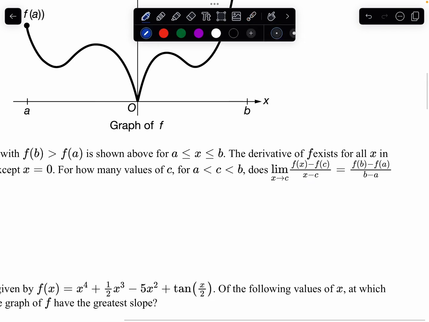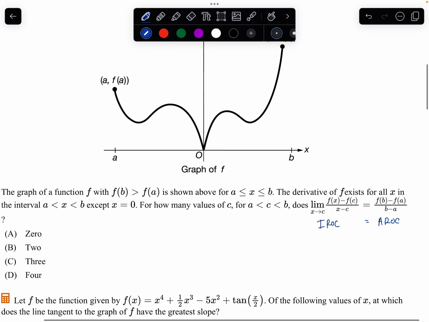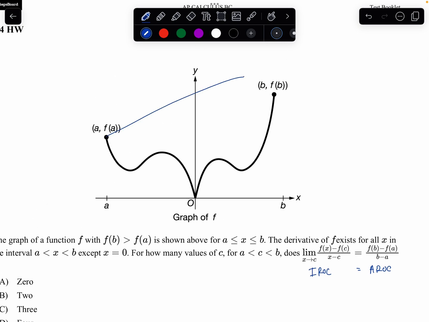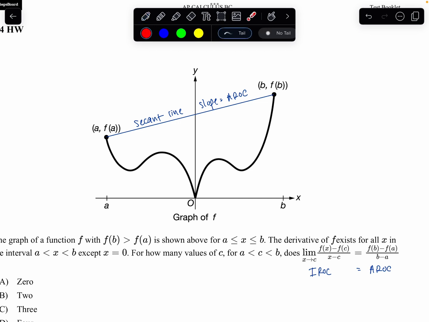Now this means instantaneous rate of change. This means average rate of change. So how many times in this interval? So right here, secant line, and we know that the slope is equal to the average rate of change. And so if I were to have a tangent line here, say I copy this right here.